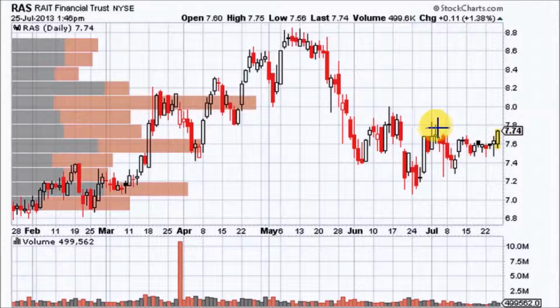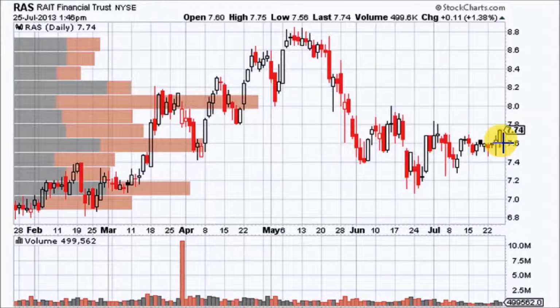Then to clear this level of resistance would be even more bullish, and then to clear this level of resistance would be very bullish. And at that point, it would be up in the range of the bar, and if it was to break above the top of the bar, okay, if it was to come up here and then in the future pull back, this bar will most likely become a new level of support.